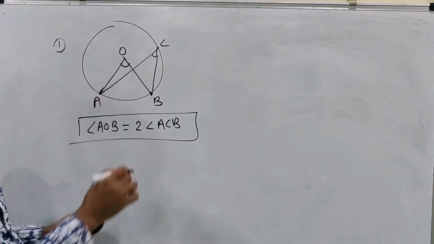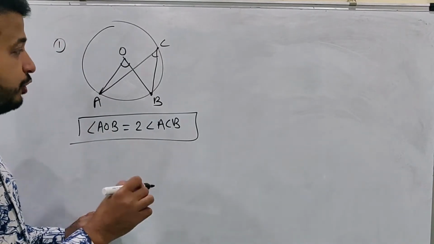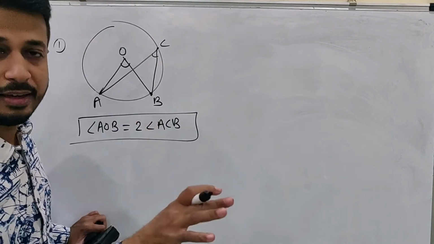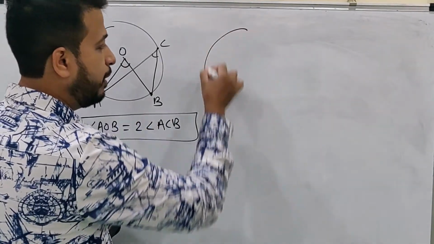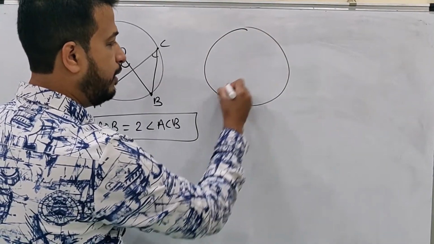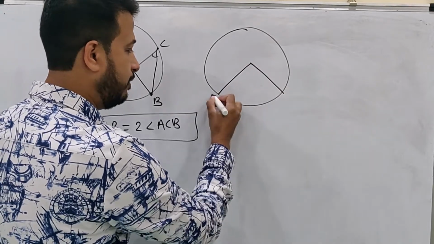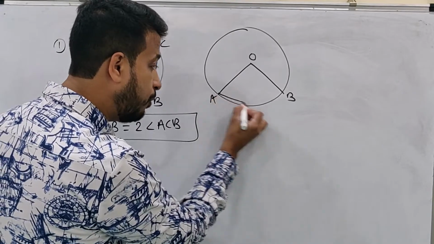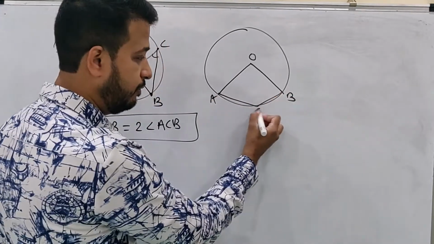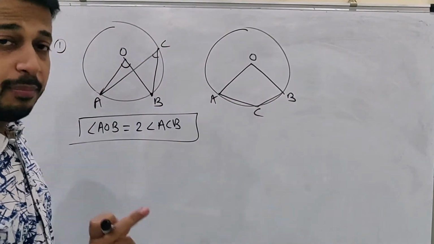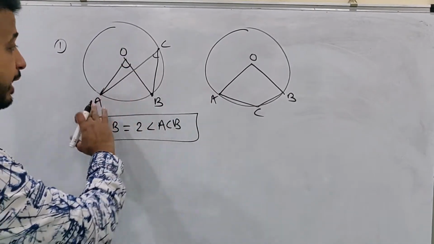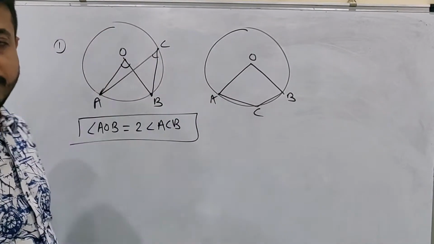Similar to this property, we have one more property in which the converse comes, or where we have to use the reflex angle. So let's see what my reflex angle is. If there is an angle formed at the center, and there is one more angle formed on the circumference. Now if you compare both, in the earlier case AOB and ACB are in the same direction.